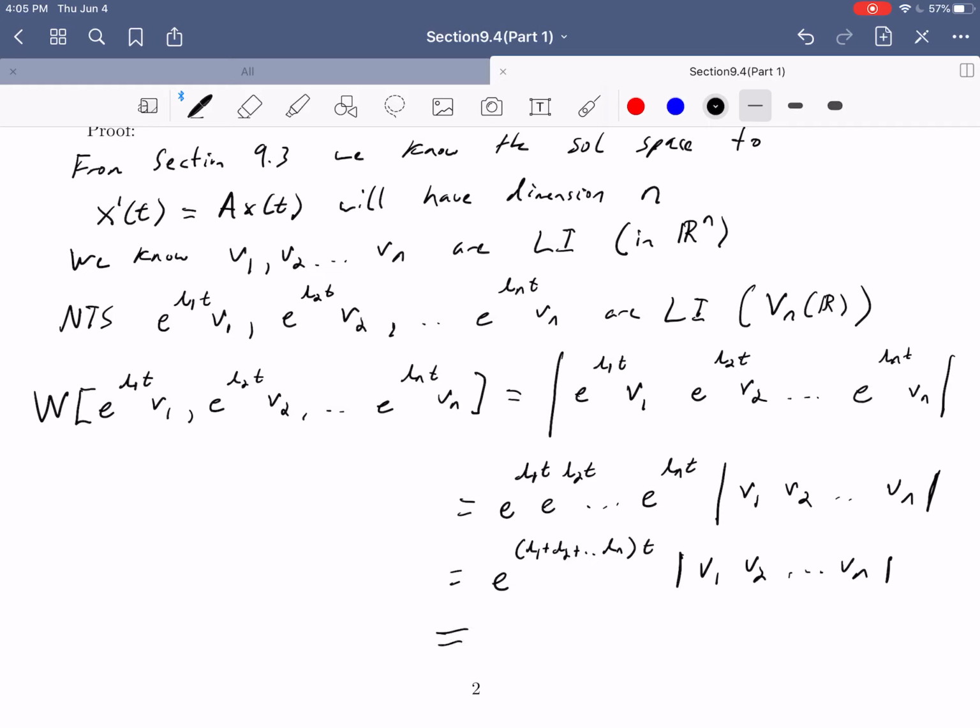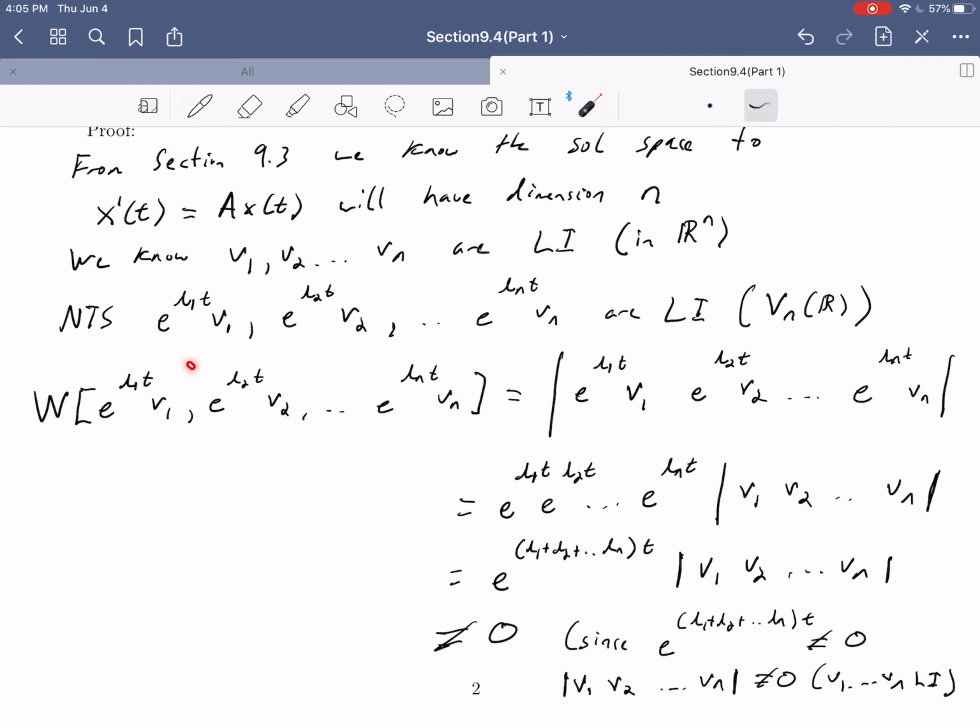So this is not equal to 0, since the exponential is not 0, and the determinant of v1 through vn is not 0. That shows that the Wronskian of these n vector functions is non-zero.